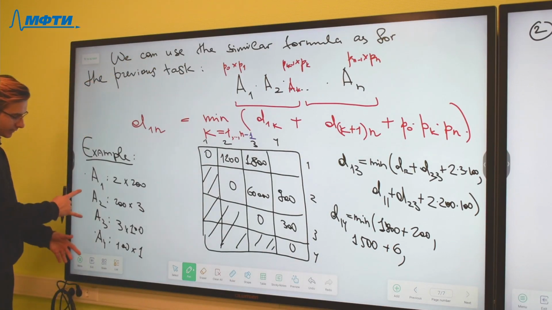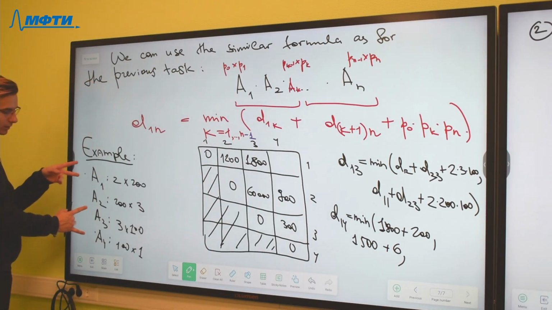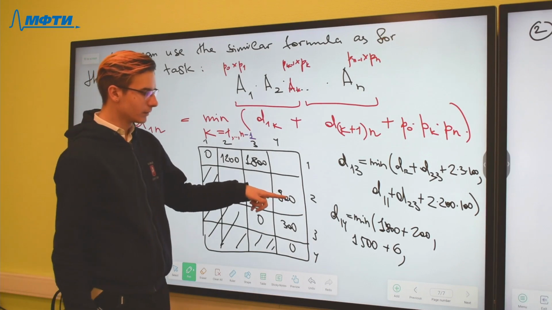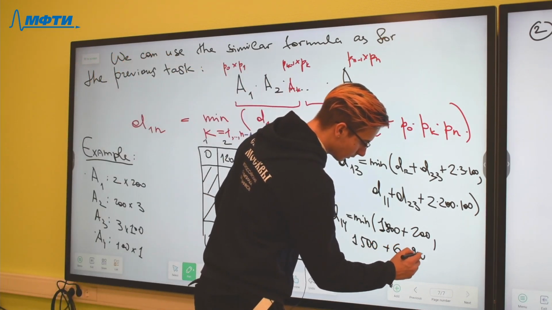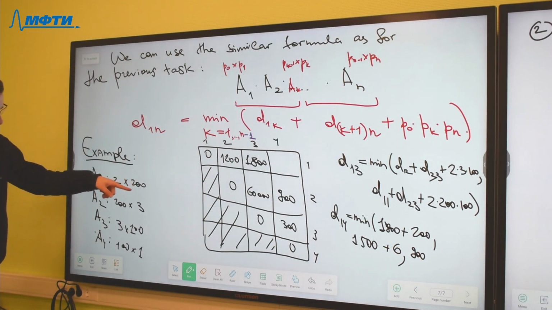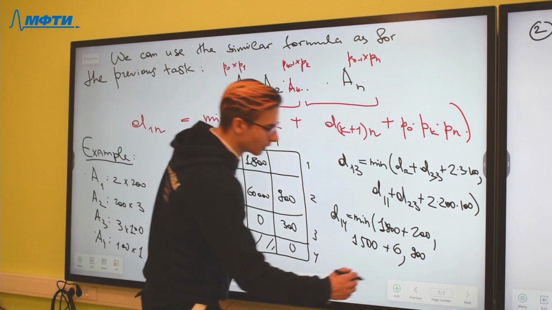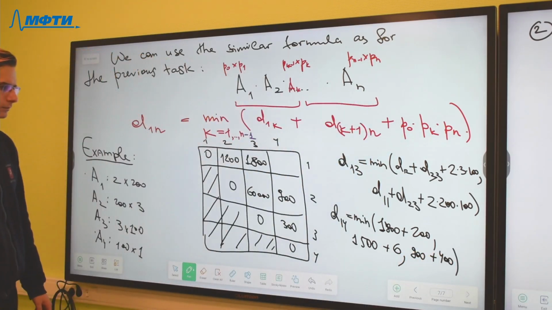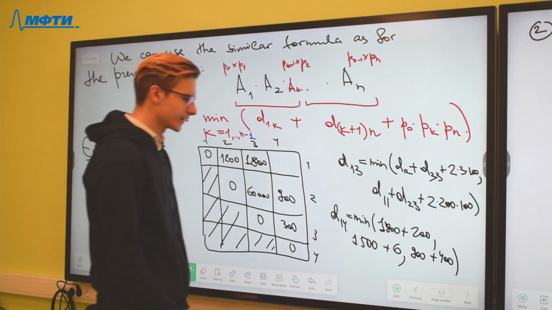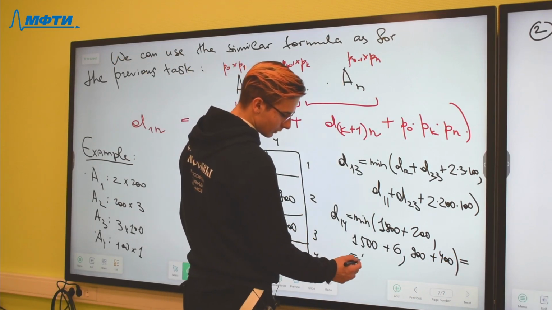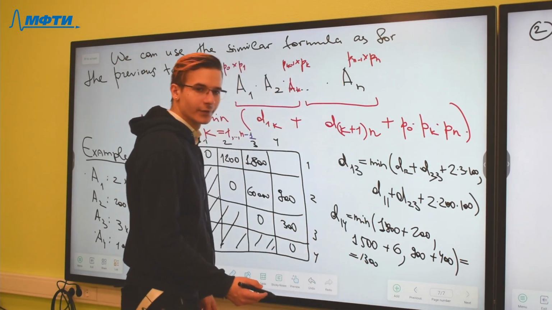And then if we divide it to this part and this matrix, we spend for this D with indices 2 and 4, plus their multiplication 2, 201. And we see that the minimum is 1,300.